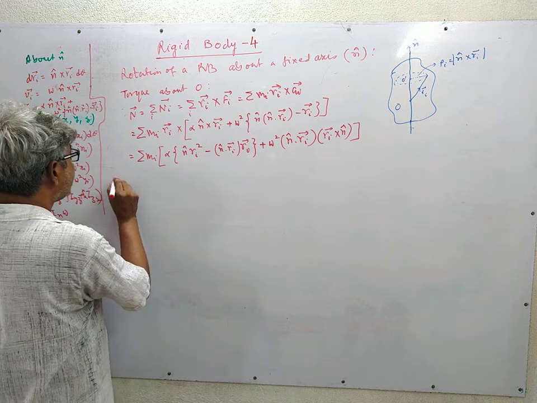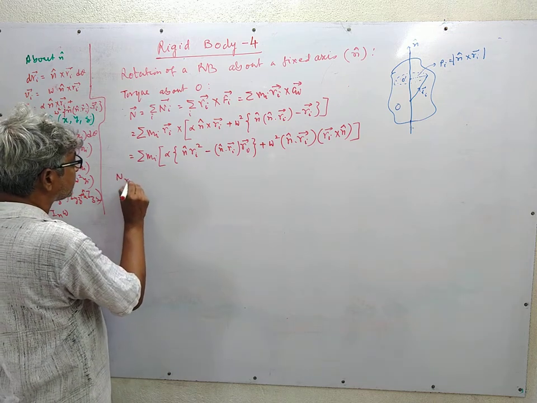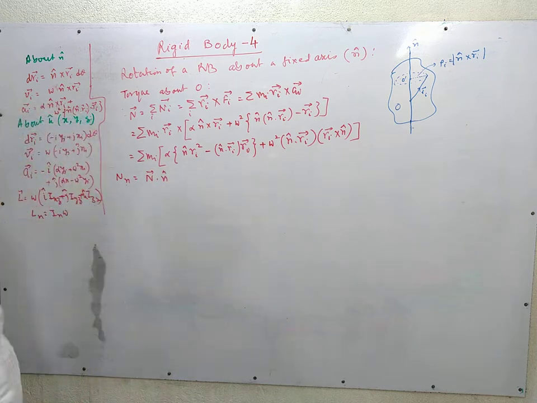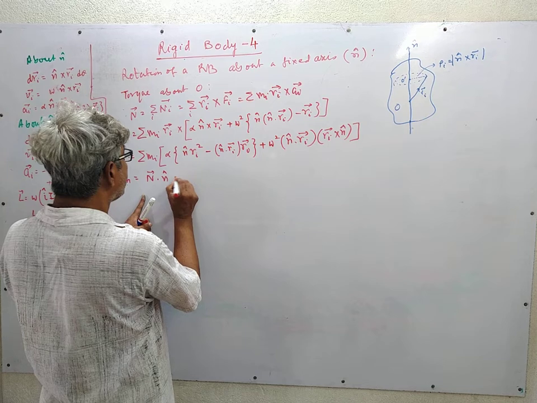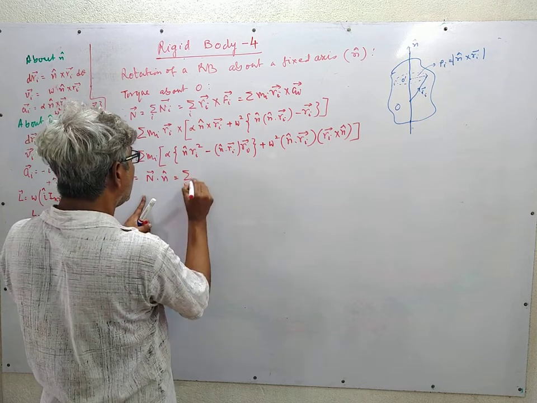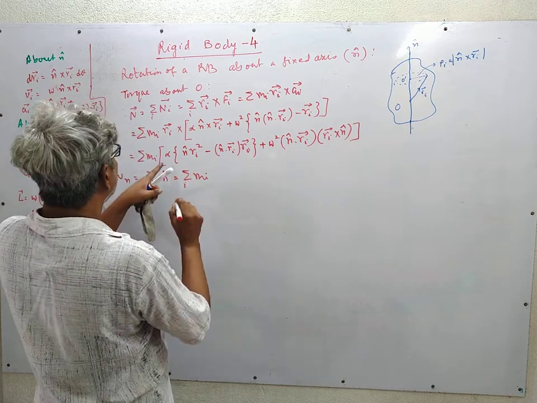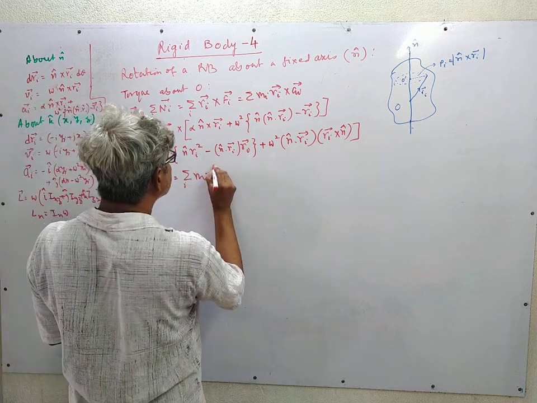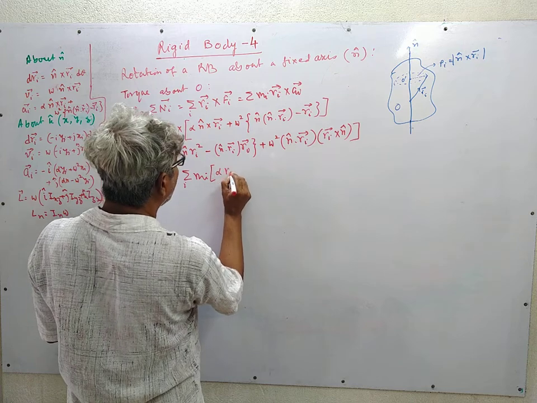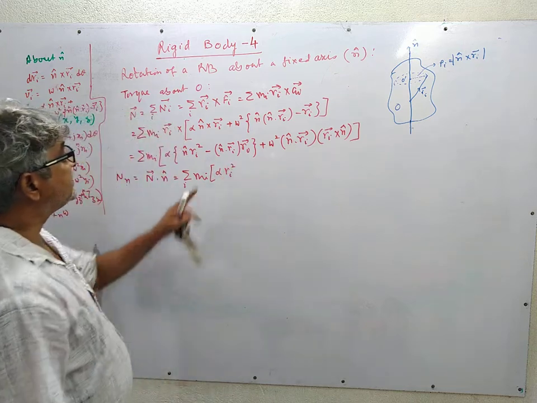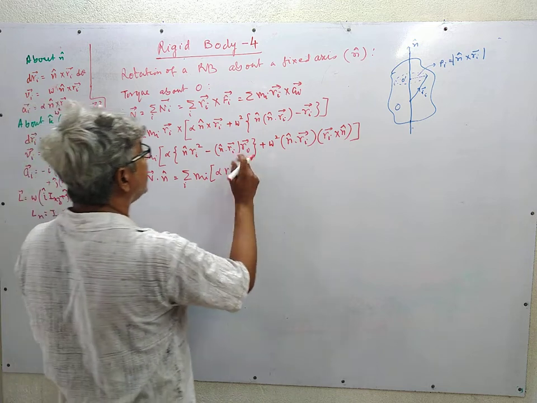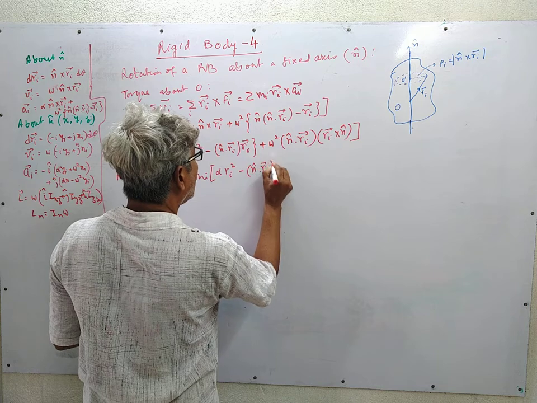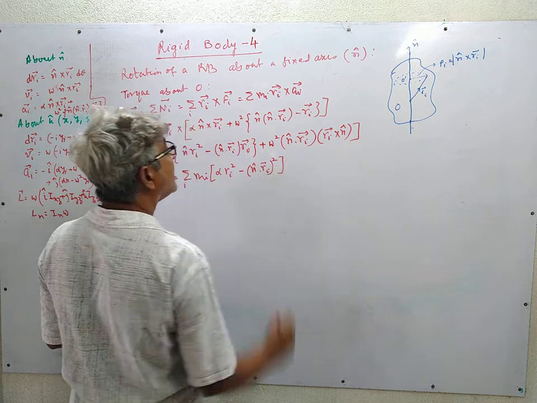If we take the component of torque in the direction of the axis of rotation, which is defined as N_n times n cap, the contribution comes from here, the summation over i, m_i. n dot n is 1, so this is alpha r_i square, dotted with n cap, so this is n cap dot r_i square.